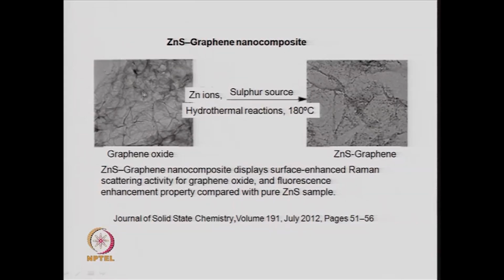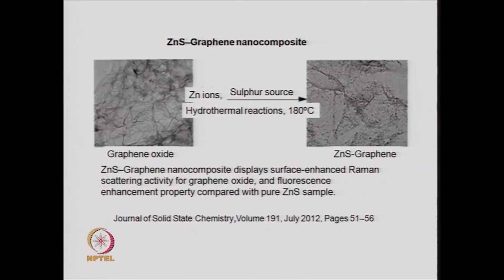So, to graphene oxide you add zinc ions, a solution of zinc and a sulfur source, and then this graphene oxide is mixed with this sulfur source and zinc ions in a hydrothermal bomb. At 180 degrees, when you heat a hydrothermal bomb, which is a kind of Teflon container you have inside a stainless steel bomb, and then you close the lid.